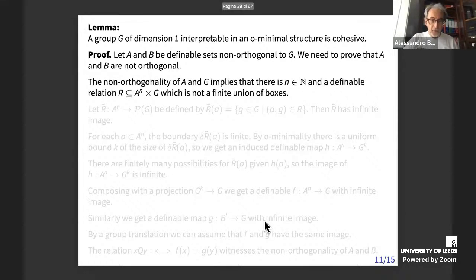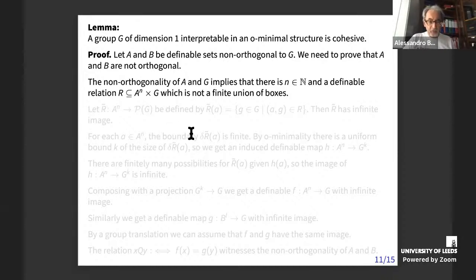Since A and the group are non-orthogonal, it's easy to see that there must be some non-trivial relation between A and G. And it's easy to see that there is a definable relation, which is non-trivial, not a finite union of boxes, between A to the n and G to the 1. So this is a small observation. You can take n and 1. Anyway, there is a non-trivial relation between the two, A and G.